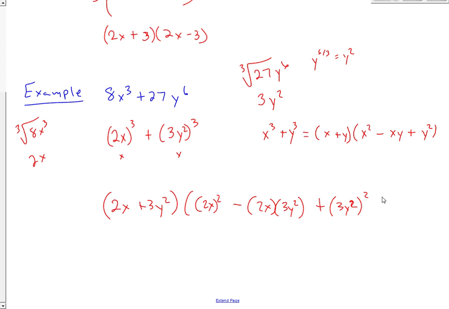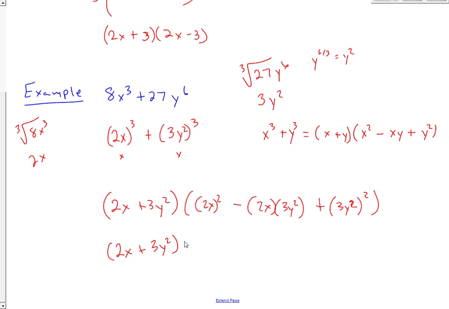So now let's clean this up. The first factor here stays the same, 2x plus 3y squared.